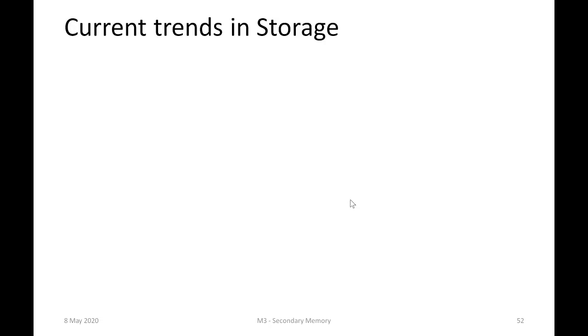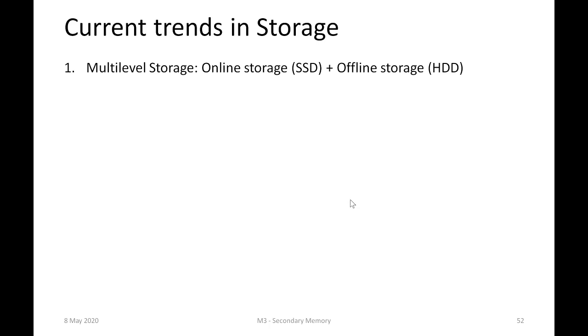With that, we conclude the storage architectures, and if you're interested, the current trend in the storage is to have multiple levels of memory within the storage. So it can be a combination of SSD and HDD.